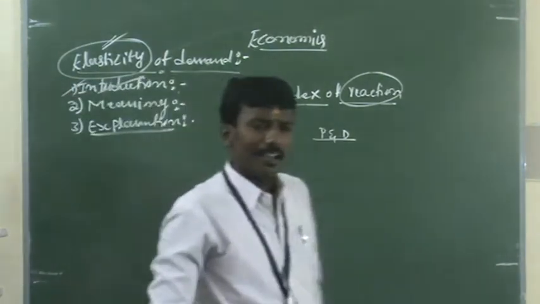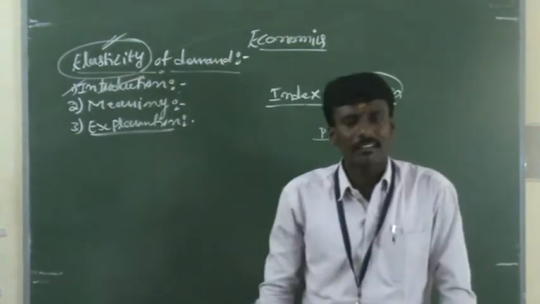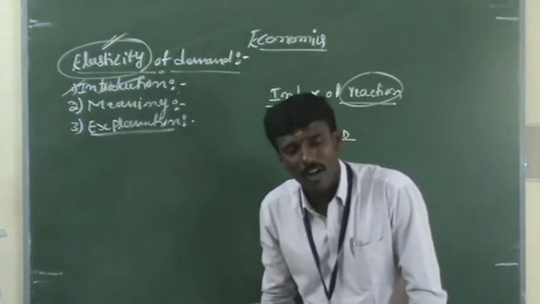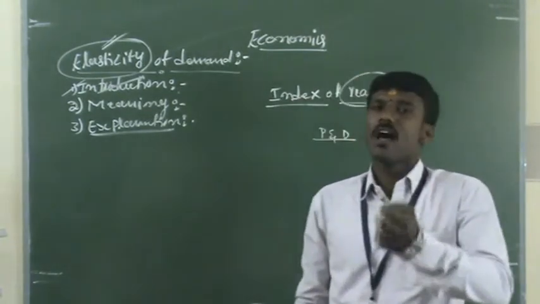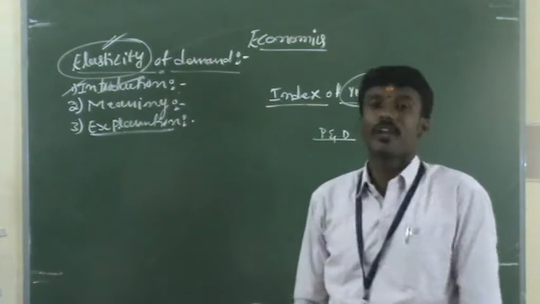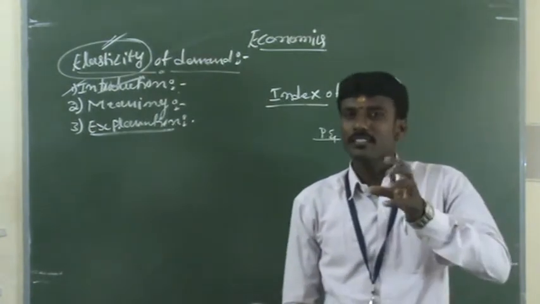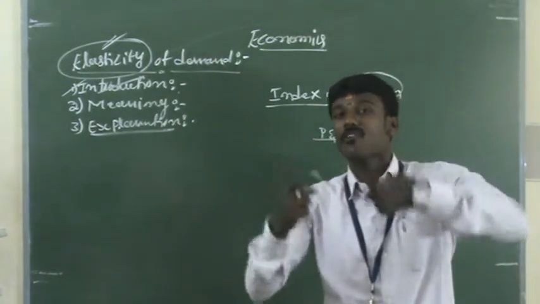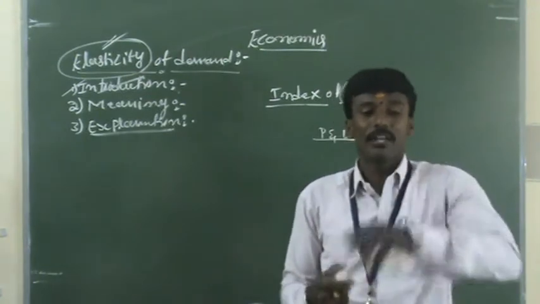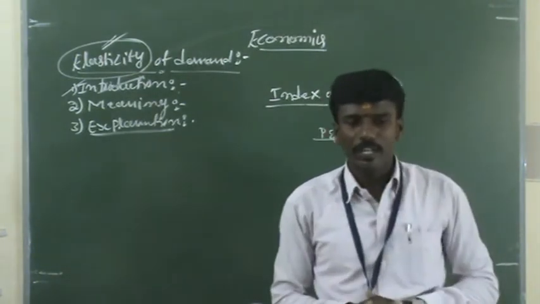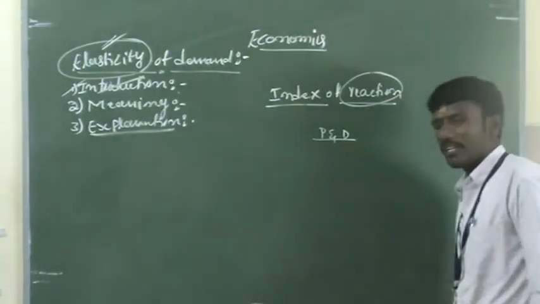See, simply or generally I told that the term elasticity shows the index of reaction. ಅಂದ್ರೆ ಸೂಚಿಯಲ್ಲಿ ಆಗ್ತಾ ಇರತಕ್ಕಂಥ ಪ್ರತಿಕ್ರಿಯೆ ಅಥವಾ ರೆಸ್ಪಾನ್ಸಿವ್ನೆಸ್, ಬದಲಾವಣೆ, ಪ್ರತಿಕ್ರಿಯೆ ಅಂತ ಕರಿತೀವಿ, ಆ ಇಂಡೆಕ್ಸ್ ಆಫ್ ರಿಯಾಕ್ಷನ್.